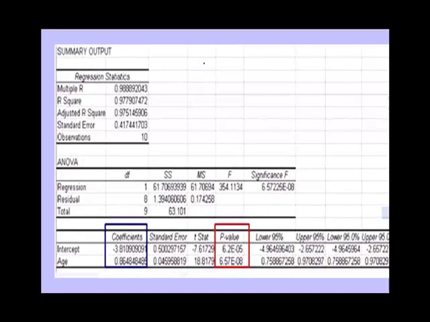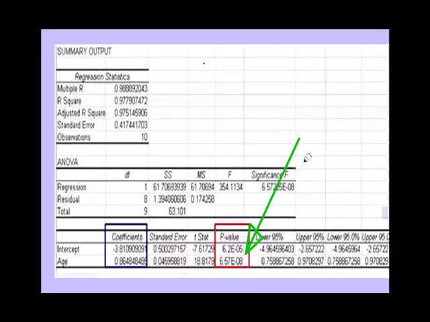Looking at another version of the same output, we're going to focus in on the red box, or p-value, instead of comparing calculated t-statistic to critical values. We're now going to look at these p-values. This is the probability.